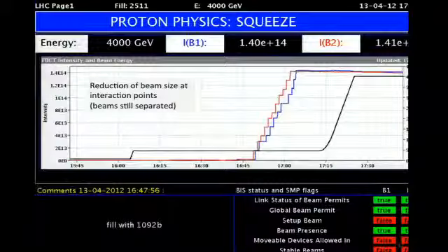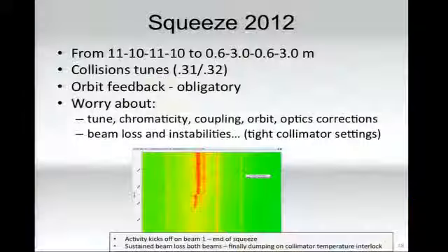The squeeze we looked at yesterday, so I'll just flash this. Here, of course, we're reducing the beam size at the interaction point. The beams are still separated. We're going to go from 11 meters and 10 meters in 1, 2, 5, and 8 down to 60 centimeters, 3 meters, 60 centimeters, 3 meters, with the collision tunes, with the orbit feedback on, and worry about things like tune, chromaticity, coupling, orbit, optic corrections, beam loss, instabilities.